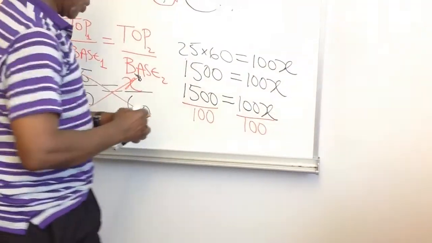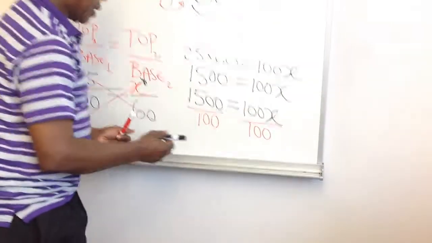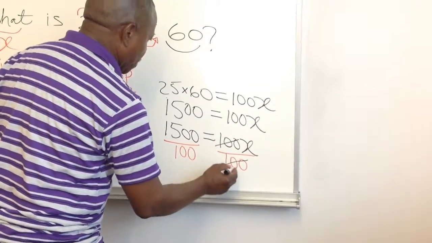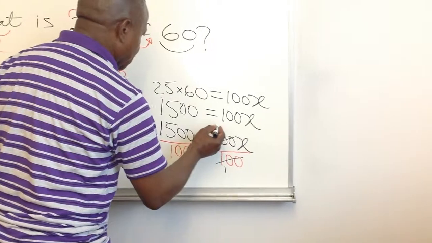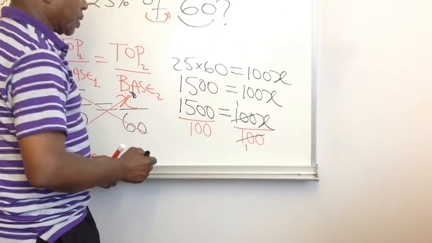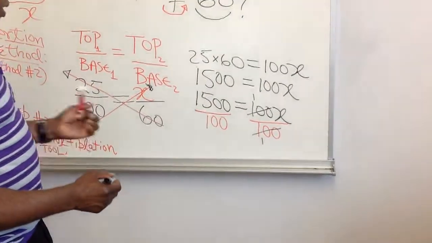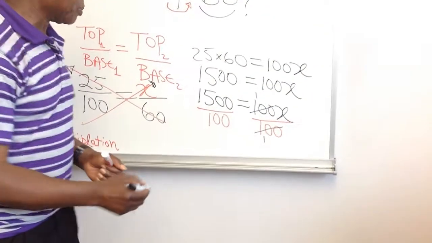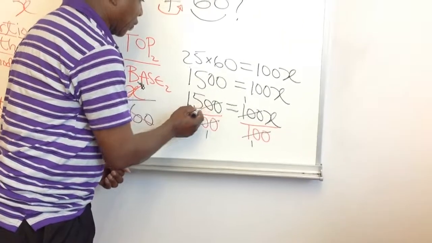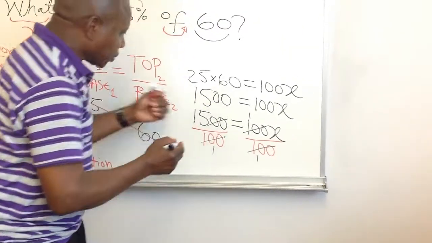And if we do so, notice, we can cancel out the 100 one time. And then 100 goes into 1,500 what? Take 1,500, divide by 100, what do we obtain? We're going to obtain, of course, 15.